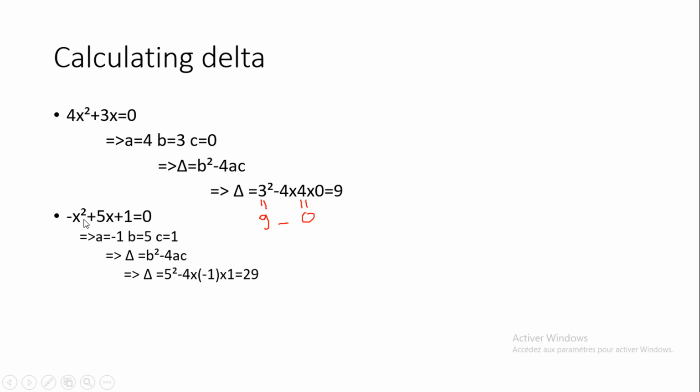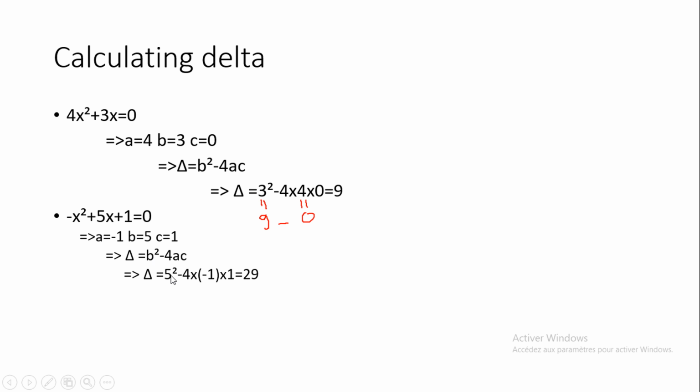Now moving to our second example, we have minus x squared plus 5x plus 1 equals 0. Our a here is minus 1, our b here is 5, and our c here is 1. So delta equals b squared minus 4 times a times c.